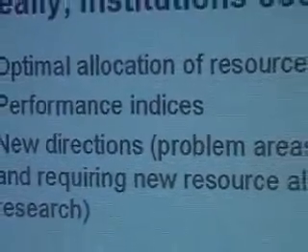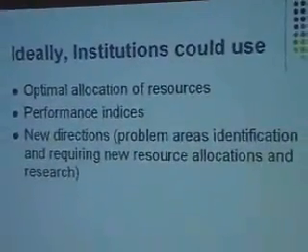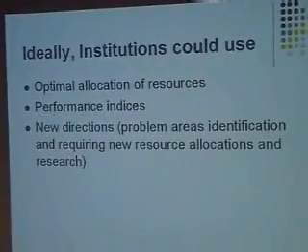And of course, these last two require knowledge discovery. It's important to have that, otherwise it's not going to be very useful. And of course, lastly, institutions can use this to do optimal allocation of resources, look at performance indices, and more importantly, new directions. For example, you have data coming from an area, and you find that people are having certain symptoms.